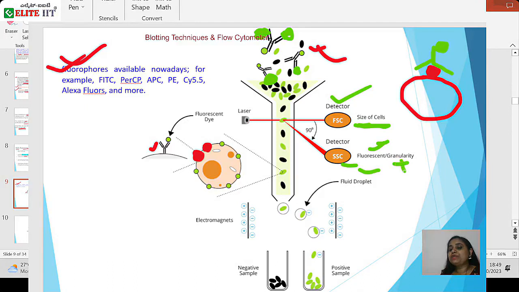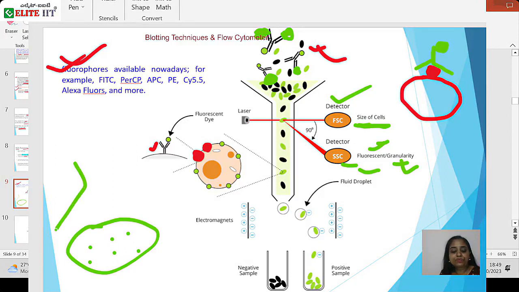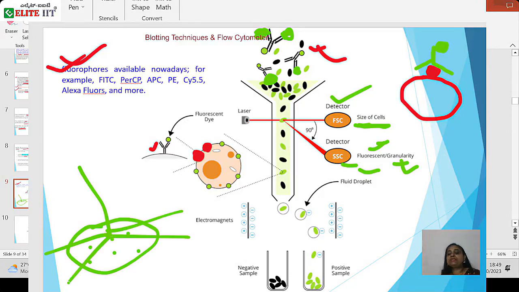If more granules are present, scattering will be more, right? If you consider this is one molecule, inside the molecule several particles, granules are there, what will happen? Light will scatter more. So it will not scatter in the forward position, it will be scattered in the side position. So more scattering means more SSC means more granular.